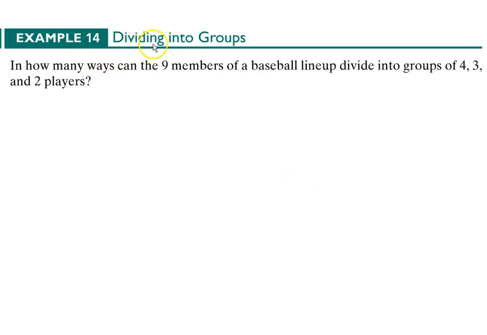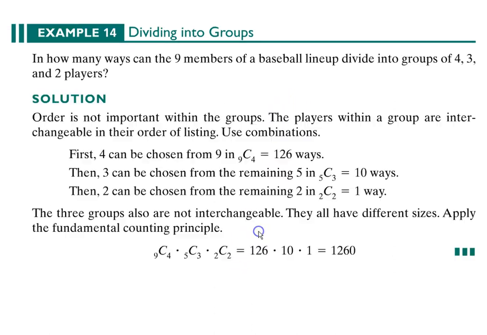Now here we're going to divide a group of baseball lineup players, 9 members, into a group of 4, a group of 3, a group of 2. Now, is order important here? Well, this might be tricky if you're thinking in terms of batting order, but they're just saying selection. So order would not be important here.